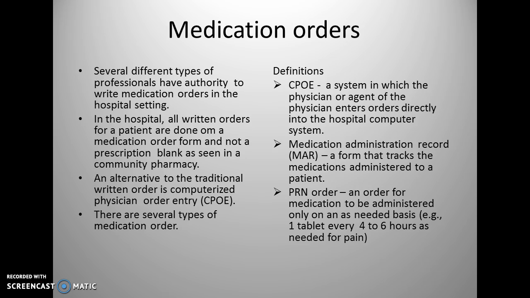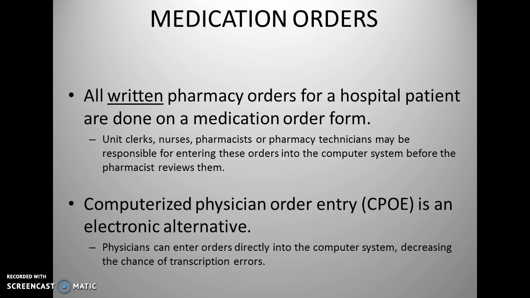You have MAR, medication administration record, a form that tracks the medications administered to the patient. You have PRN order, an order for medication to be administered only as needed. So those are different definitions that you should be familiar with in relationship to medication orders.